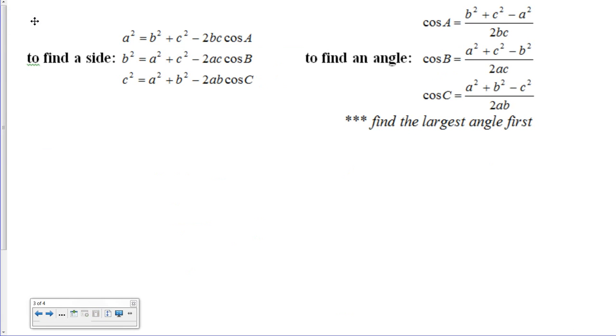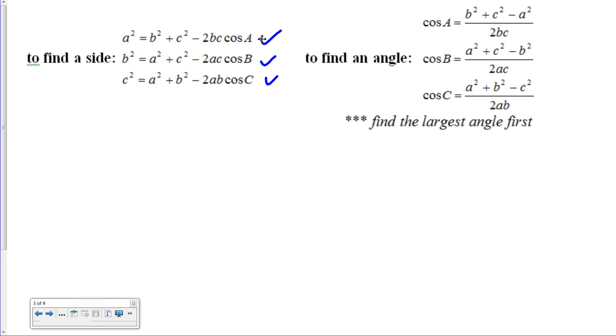So the next slide is going to show that this is the same pattern as these two. It's not like you have to know all 3 of them. If you understand the first pattern, you hopefully got the other 2. Then what I did, this is to find a side because it's a side squared equals.